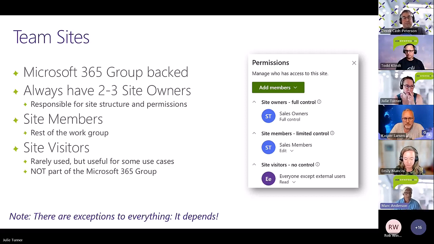The site visitor's role here in SharePoint is actually just a SharePoint permission, Todd. So in this case, we've actually given everybody except external users read on this team site, which is a very unusual thing to do. I probably shouldn't have left that permission, but we have a very small tenant and we know everybody in there.